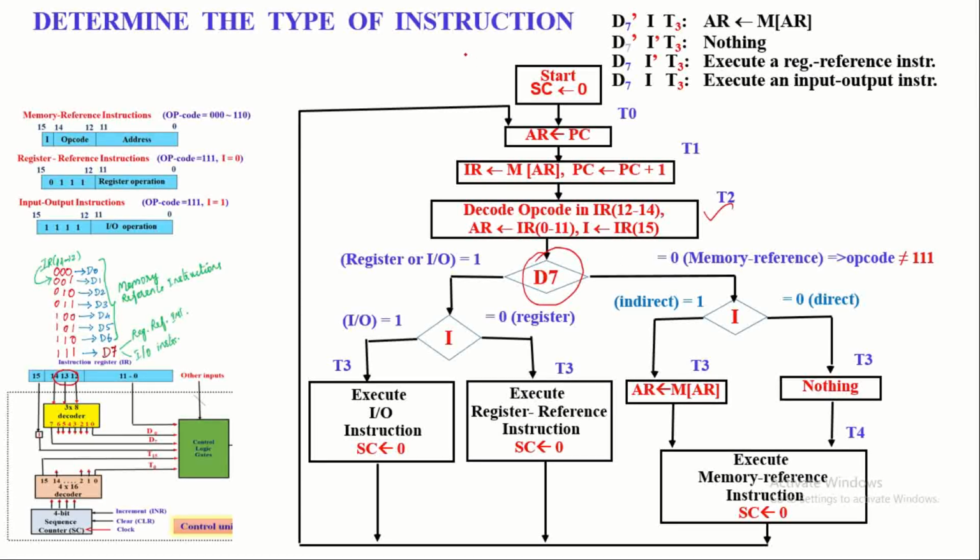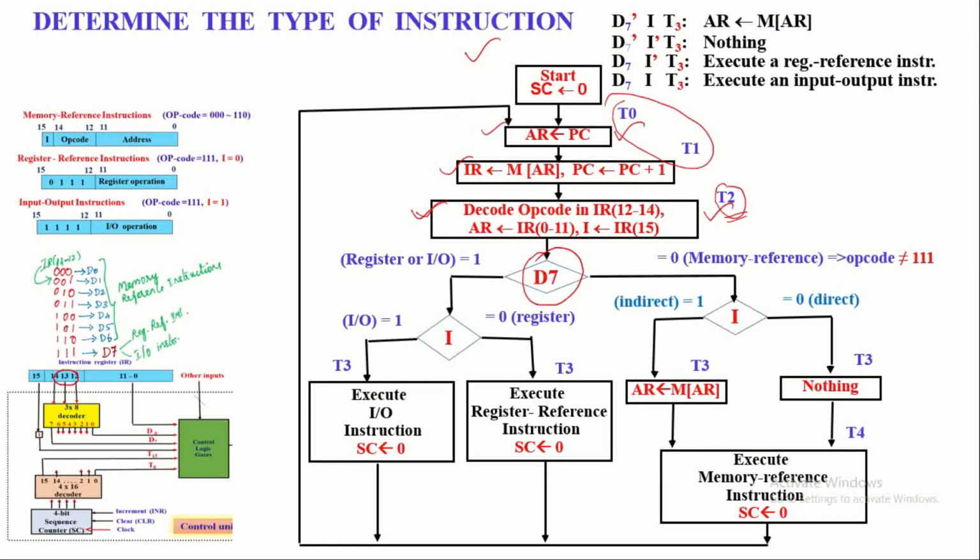Here in this flow chart you can observe the micro operations we discussed during timing signals T0 and T1, that is, during the fetch phase of an instruction cycle, and during the decode phase, that is during timing signal T2, how the decode is performed.